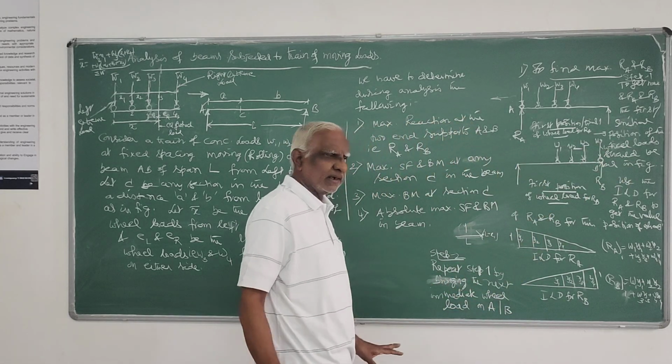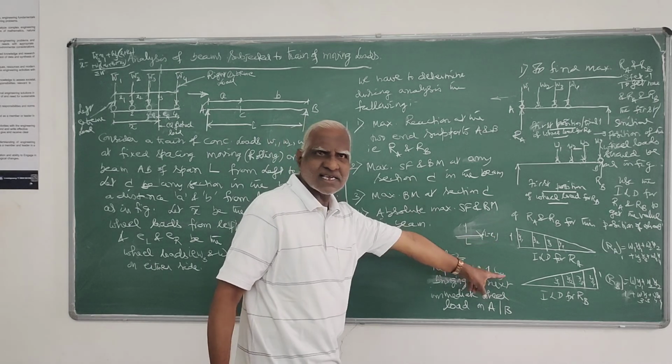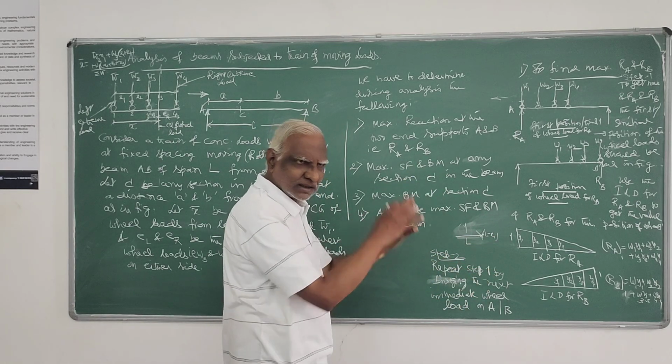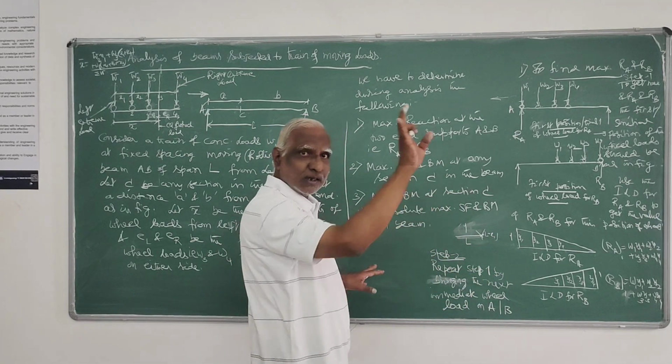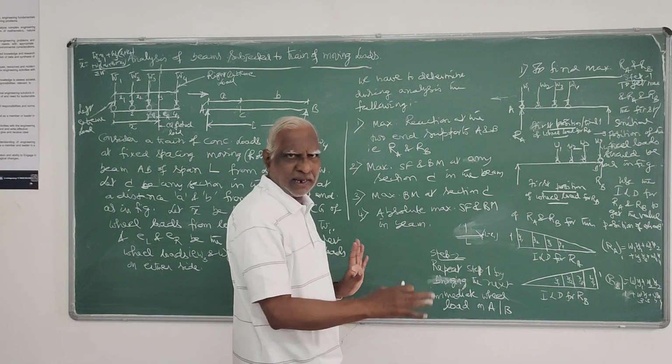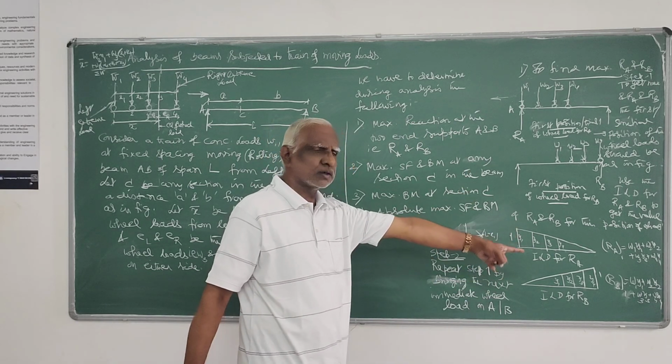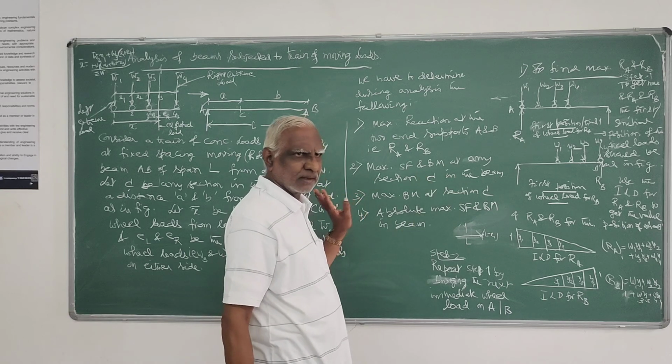You keep that, and again repeat this exercise. You measure the ordinates for that position. The other wheel loads will move out of the beam span. So for the others, you work out this RA and RB.